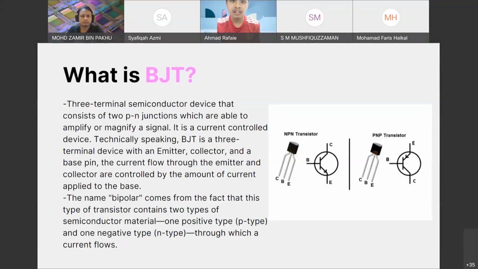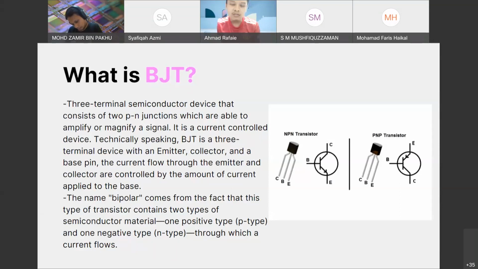So what is BJT? The BJT is a three-terminal semiconductor device that consists of two PN junctions, which is able to magnify or amplify a signal. It is also a current control device. Speaking technically, BJT is a device that consists of 3 feet: the emitter, base, and also the collector.